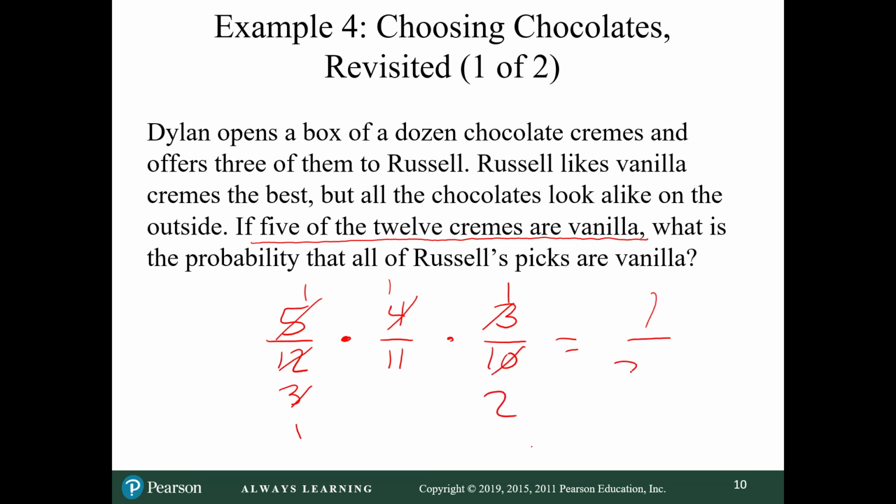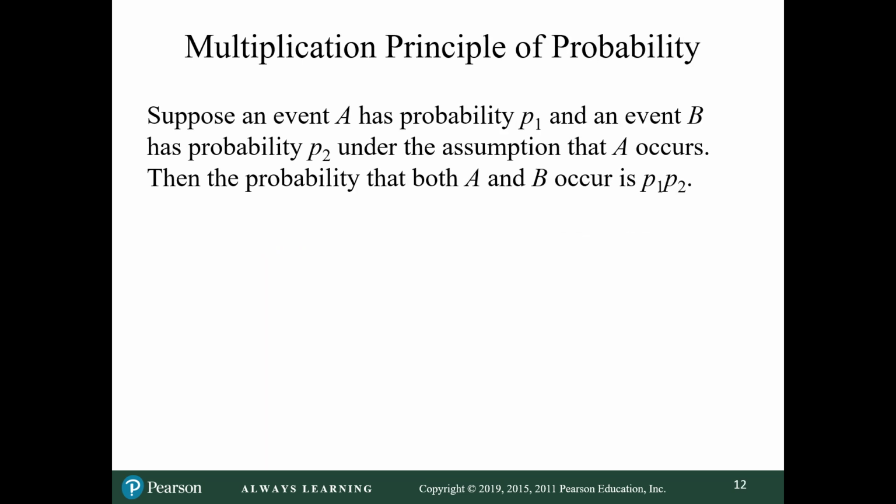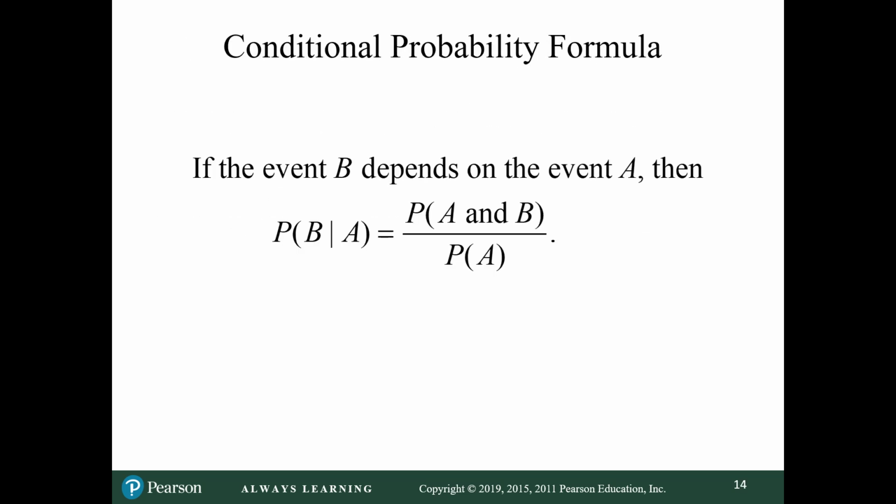So you should have a 1 out of 22 chance of getting all 3 vanillas. Now, they use a combination to do that, but we wouldn't have to do it that way. I kind of like the way I do it.